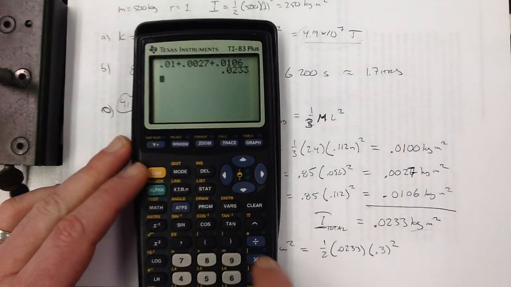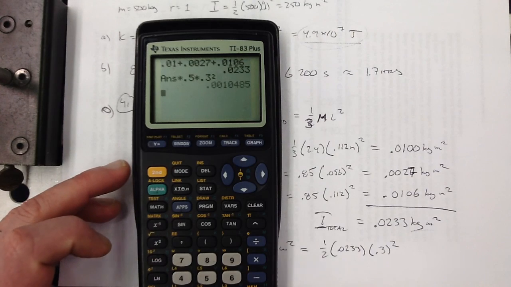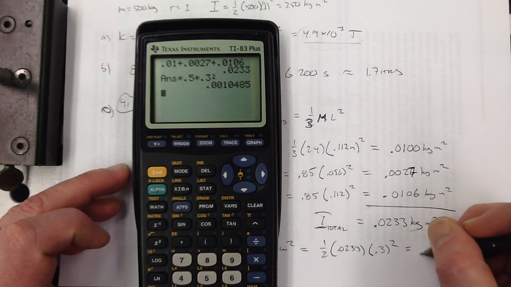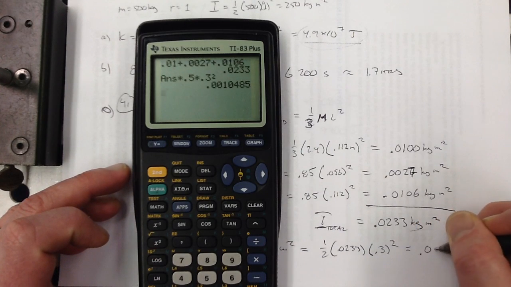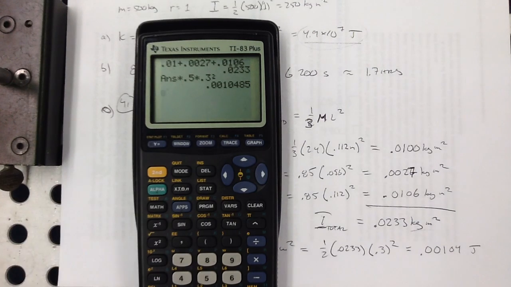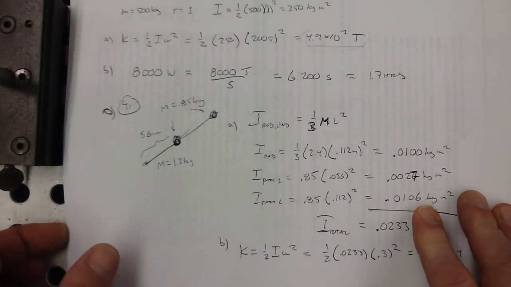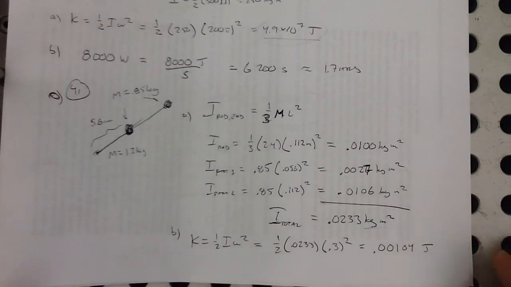So I've got this number times 1/2 times 0.3 squared, which is 0.001. Right? And that is the end of that assignment. I hope I got all the answers right.